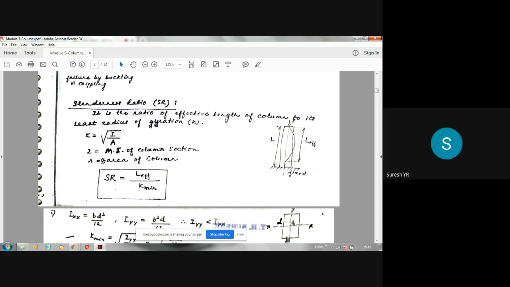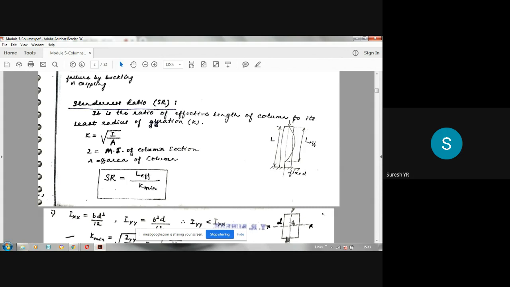In the case of a square section, if I take both sides as B and B, then IXX and IYY will be equal: B into B cube by 12, the same as a rectangle but with B equal to D. That means B power 4 by 12.